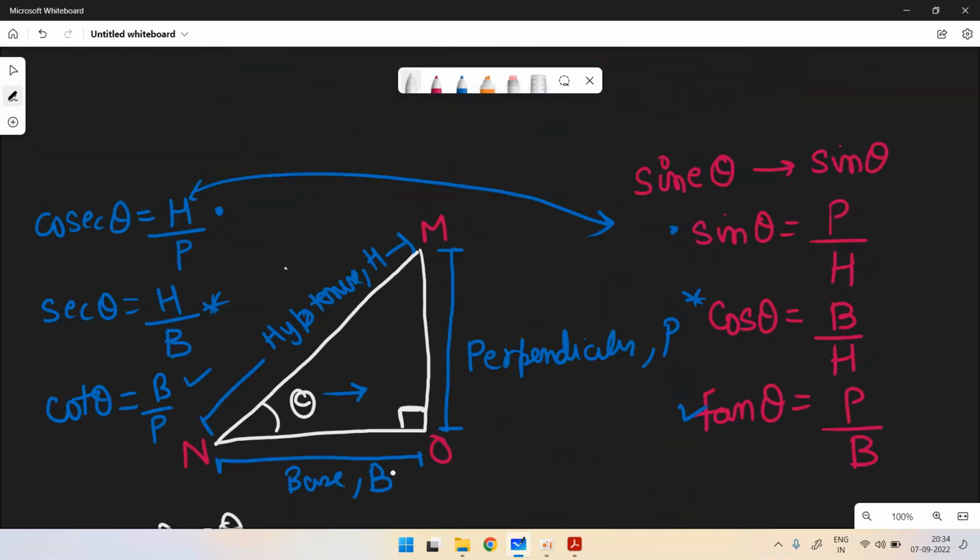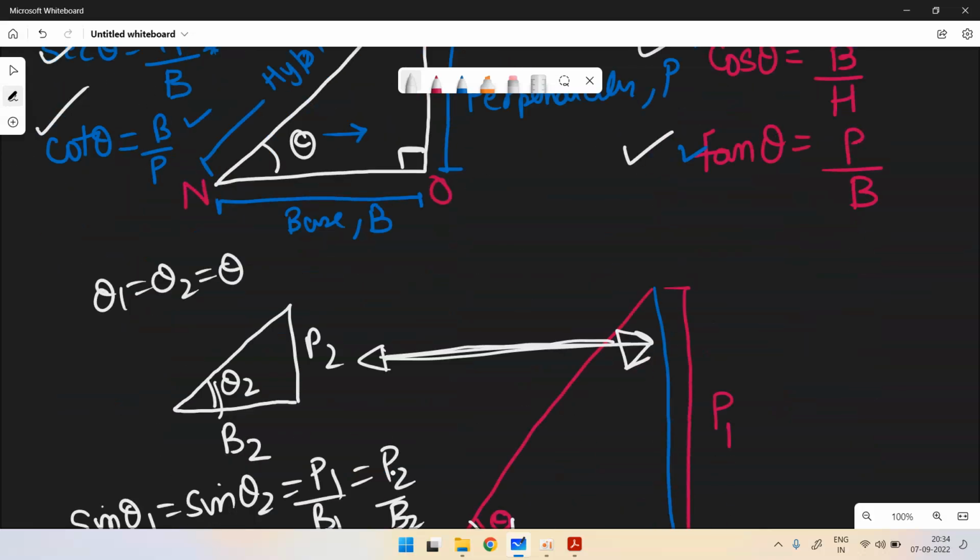So, sir, is there some relation between sine theta, cos theta, and tan theta, and secant theta, cosecant theta, cot theta? Yes, there is a relation. Now, I'm talking about the basics of trigonometry.